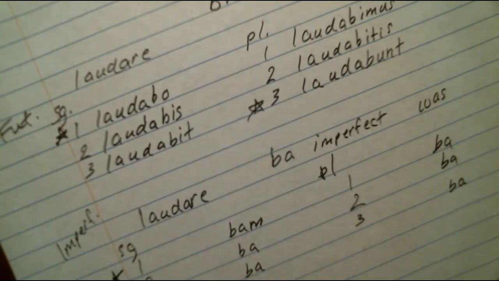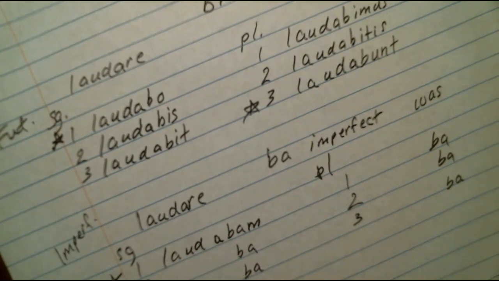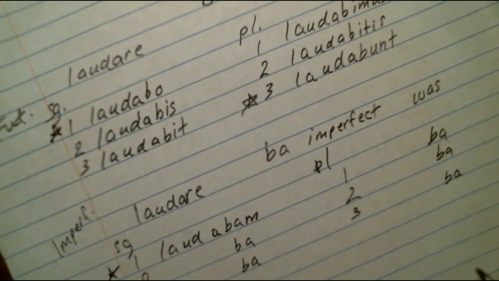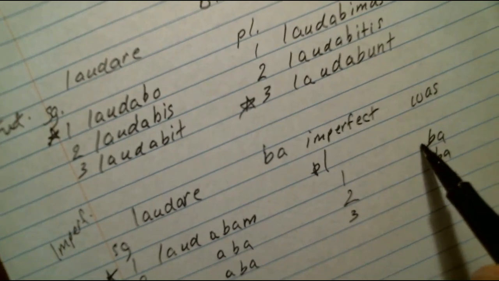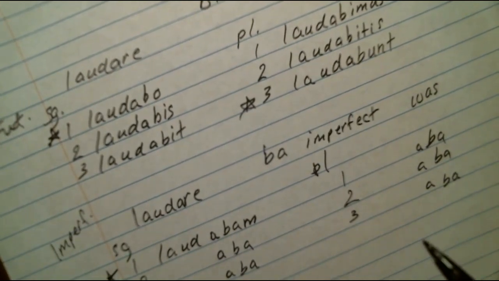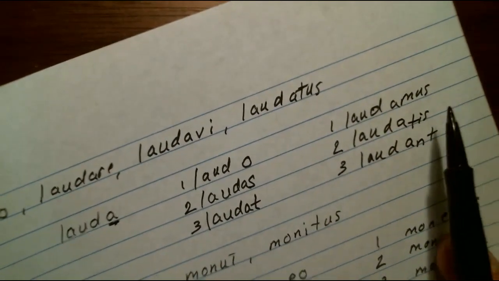I was laud, and then you have your theme vowel, laudabam. I was praising, okay? So now let's go through and just add the theme vowel, because that's going to be here all the way through. Okay? And now let's just add our endings, right? Up here we had s, t, mus, tis, nt.